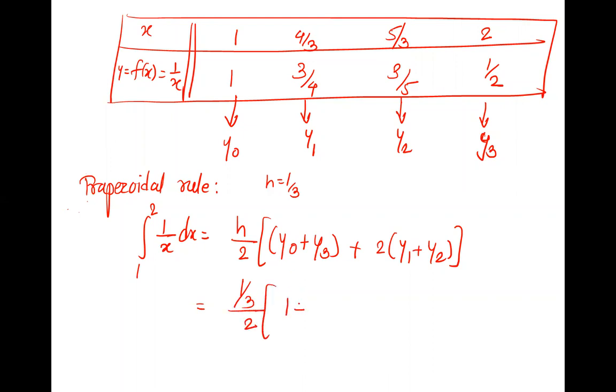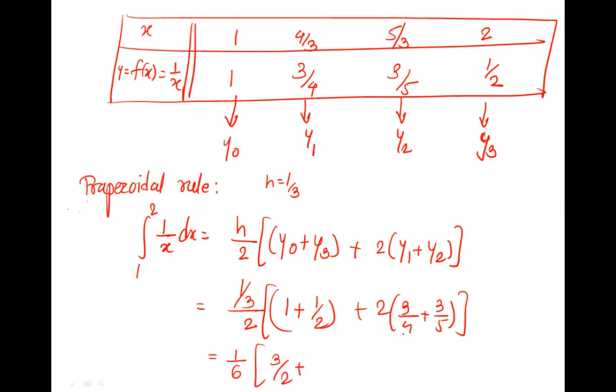Y naught is 1 plus 1 by 2 plus 2, 3 by 4 plus 3 by 5. Solve this, you will get the value. 1 by 3 by 2 means it will be 1 by 6. 1 plus 1 by 2, 3 by 2 plus 15, 12. You solve in calculator, please.